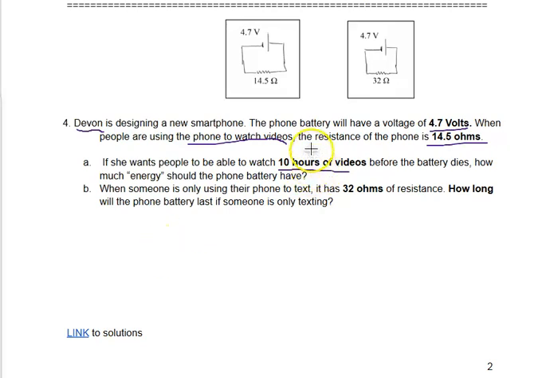Okay, so we know the time, and that's in hours. That's good. We know the voltage, we know the resistance, but we want battery energy. If you start with the battery energy formula, you will realize I don't have the current and I don't have the time. So again, not a problem. Let's just calculate the current.